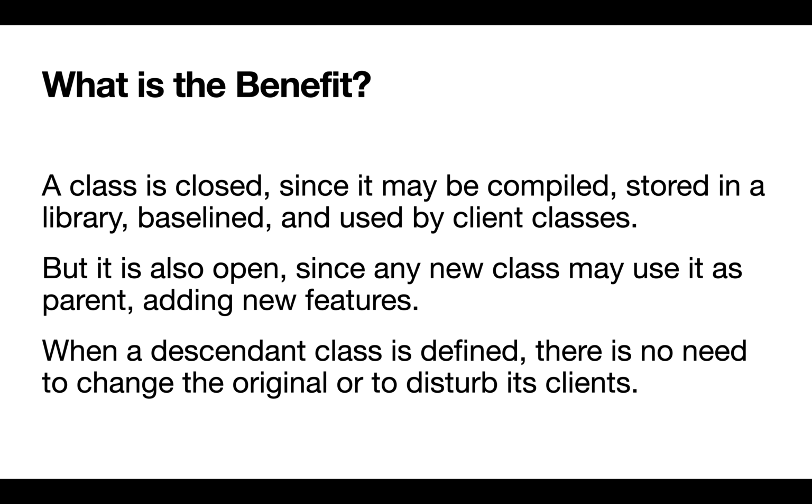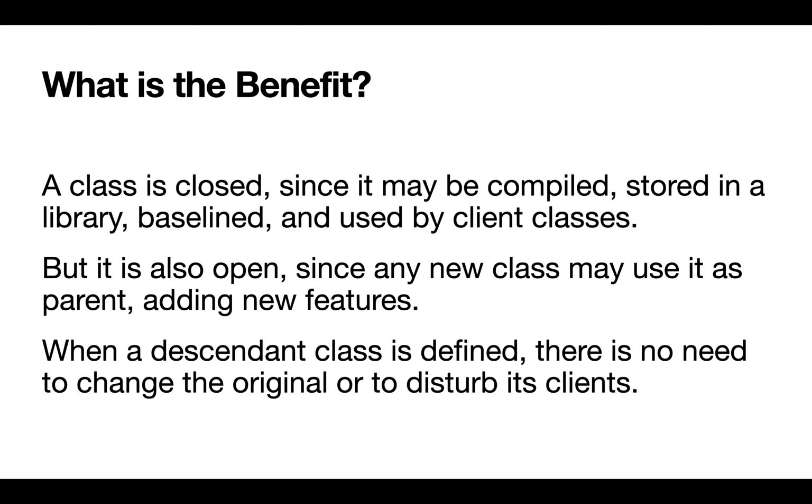So what is the benefit? Let's say we have already written a class or function and it is working fine. Now we want to give some additional features on top of that class or method, which can either completely change the behavior or extend the behavior.